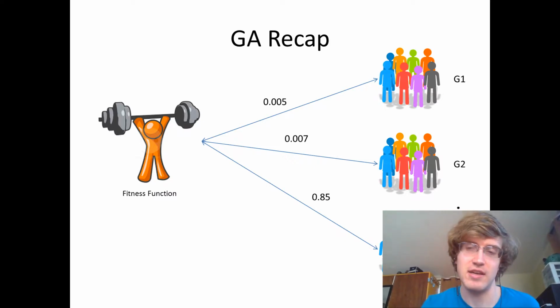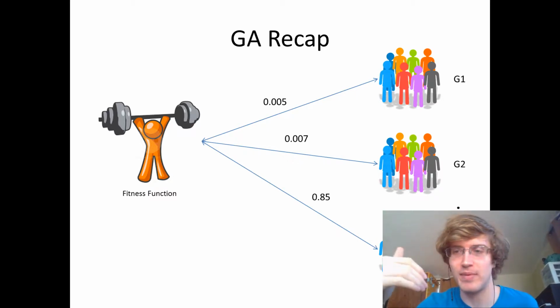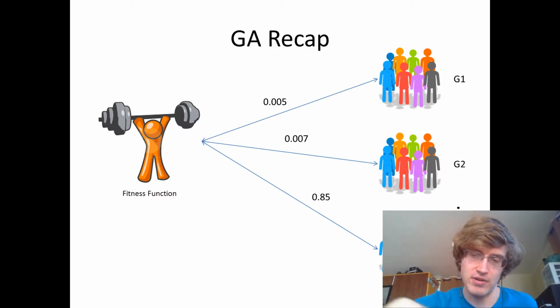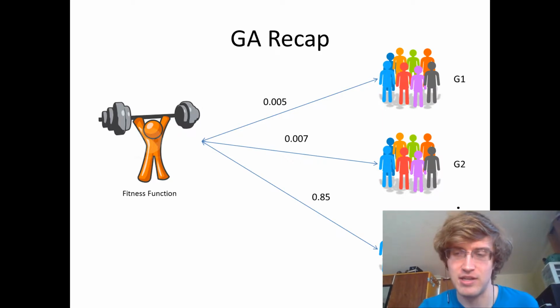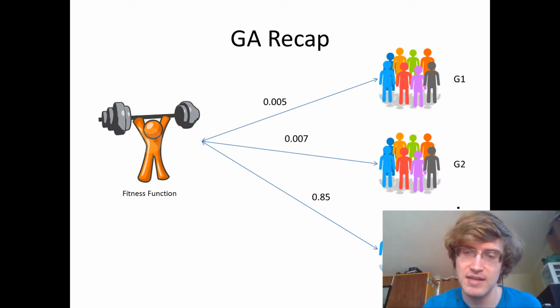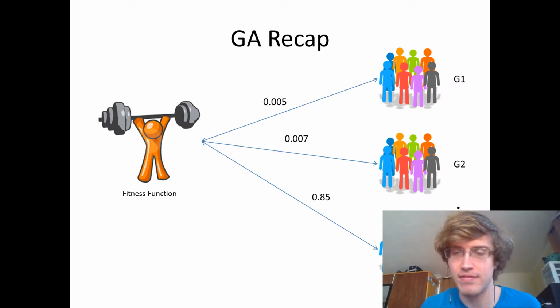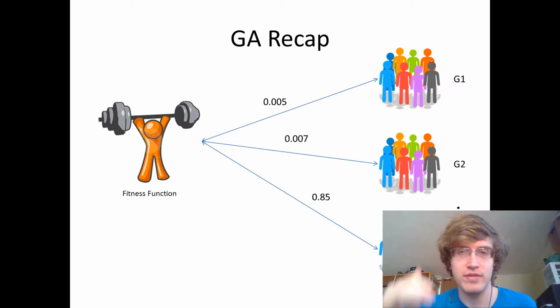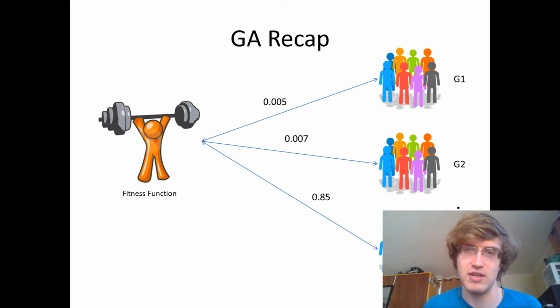So you can see generation 2 has a fitness of 0.007, so it went up a little bit. Repeat this over many generations, and I showed here that on generation 99 we reached 85%, or a fitness score of 0.85. So you'll improve over time. That's basically how this works until you eventually converge somewhere.